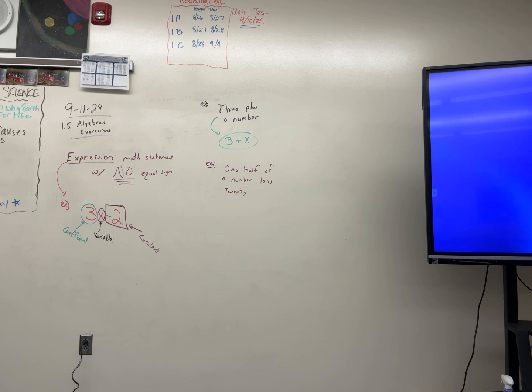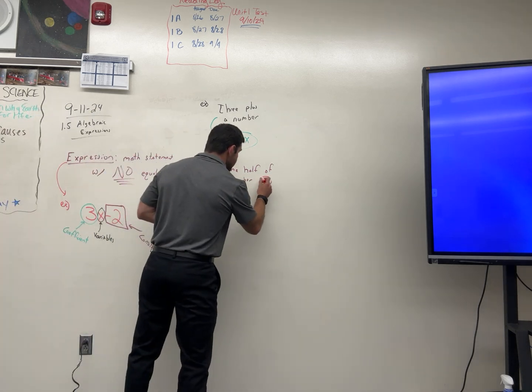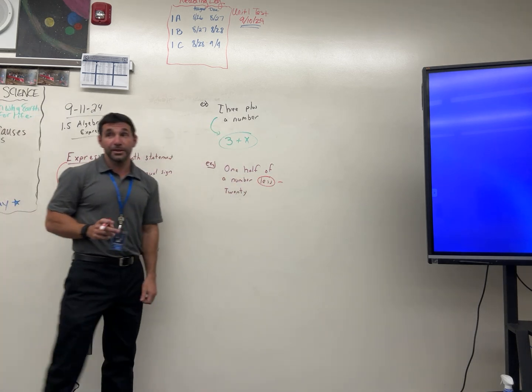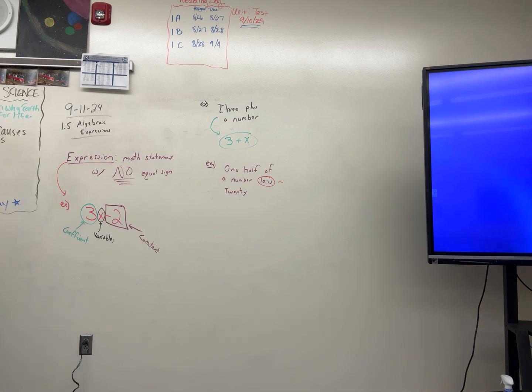Brennan, I know you found one. What'd you find? Which word? Oh, so this word here, less, means subtract. There's another word in there. So let me read it again. 1/2 of a number less 20. Of. But what's of?